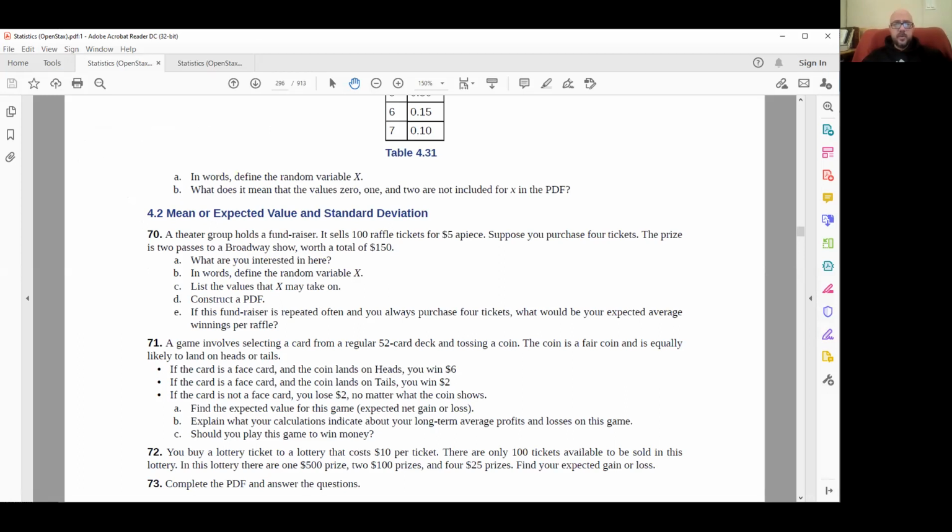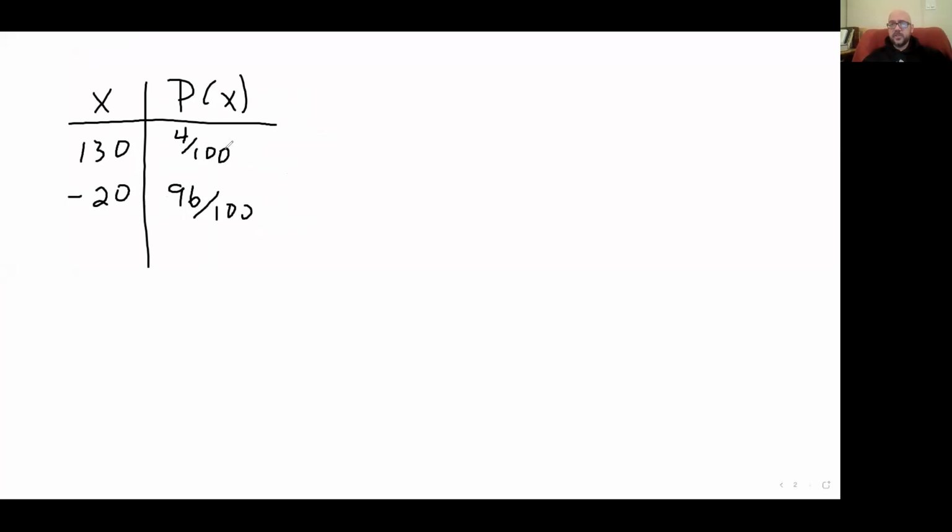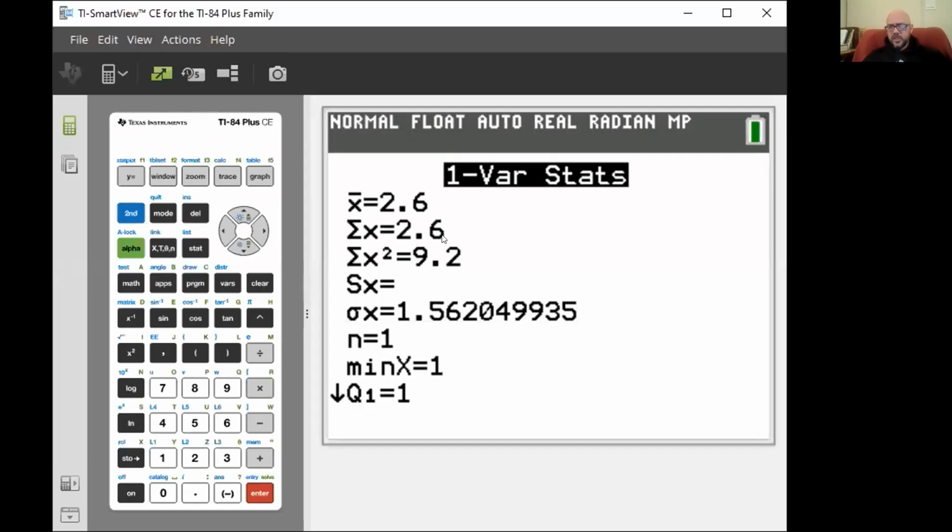So my expected value is pretty straightforward. The way we calculate expected value is x times p of x, and then you sum it all up, right? So it's going to be 130 times 4 out of 100 plus -20 times 96 out of 100. And we could certainly do that in the calculator. In fact, let's do that in the calculator just because I want you to get used to doing it that way. So we're going to do the same thing we just did in the previous problem when we calculated expected value.